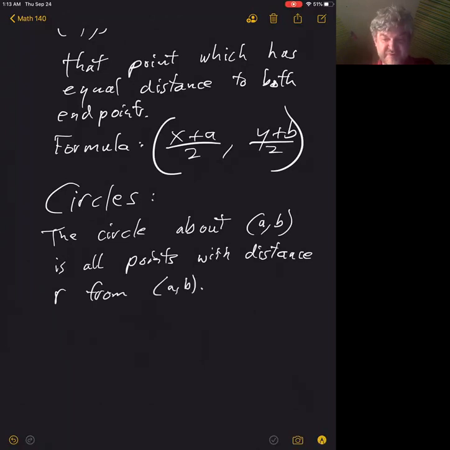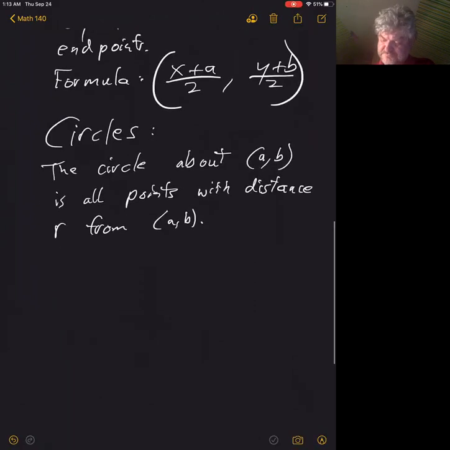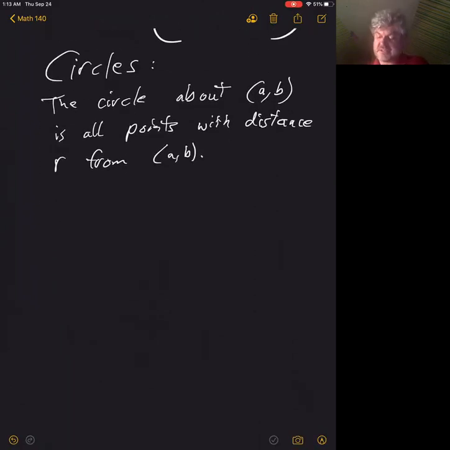I suppose everybody knows that. And because we've got an equation, a formula for the distance, we can write down such an equation for the circle.